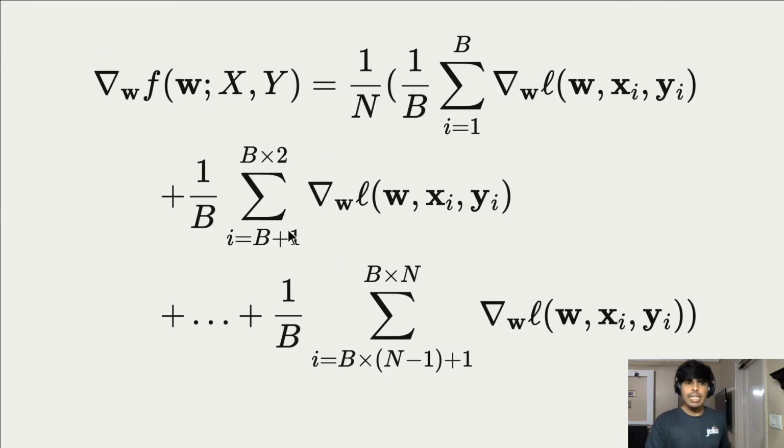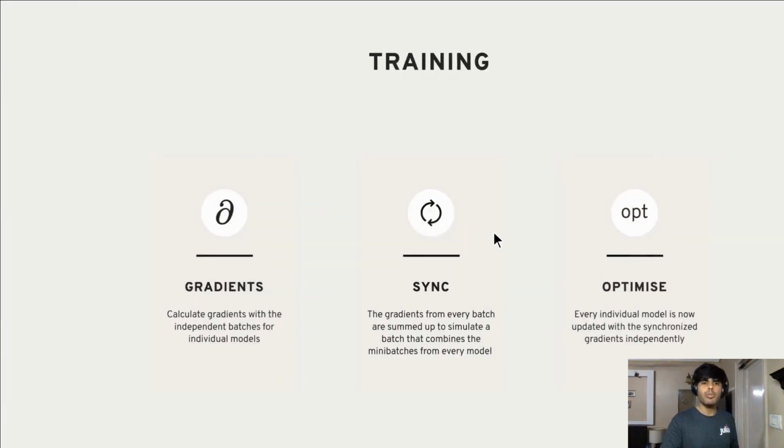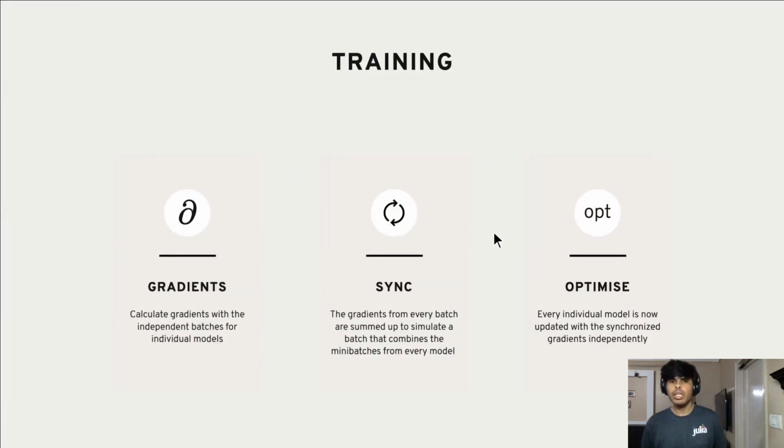As we saw earlier, we basically need to accumulate the gradients against every parameter, against every batch into one synchronized gradient, which we will then broadcast again back to our copies of models and perform optimization over it.